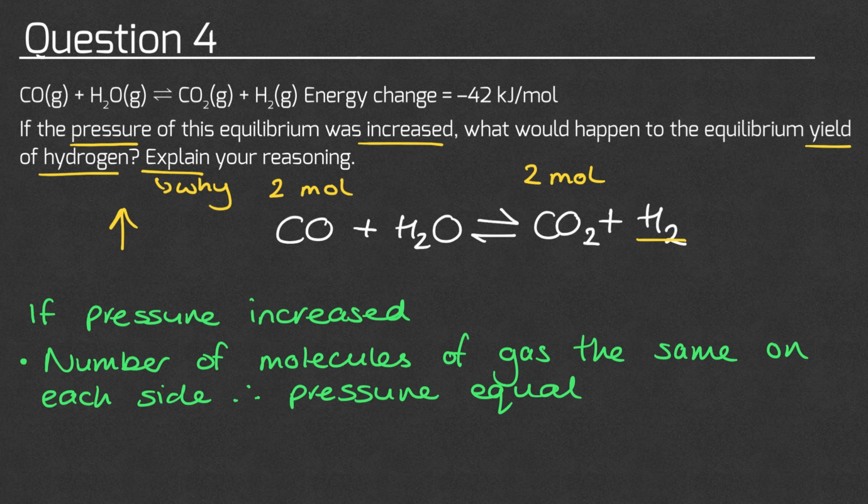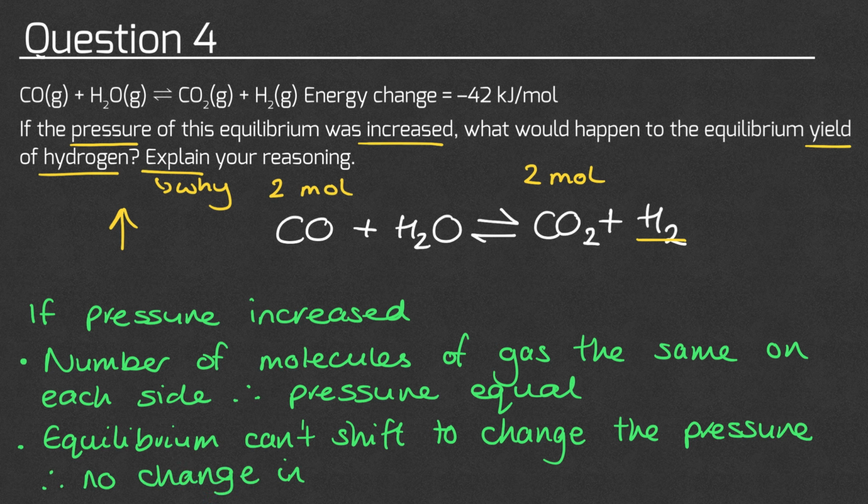If we increase the pressure, the number of molecules of gas is the same on both sides. Therefore, the pressure is going to be equal. This means that the equilibrium can't shift to change the pressure, because no matter which side it moved to, it would still have the same pressure. So if the equilibrium's not going to shift, therefore there's going to be no change in the yield of hydrogen.